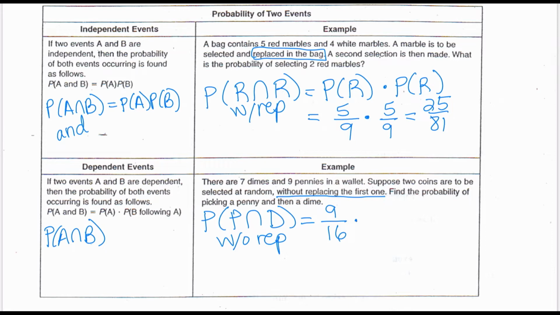Remember that you picked one and you're not replacing that coin. So that means that instead of having 16 coins in total, the second time you go back into the wallet, there's only going to be 15 coins in total. So the probability that that second coin is a dime is 7, because there are still 7 dimes in the wallet. So the answer is 63 over 240.